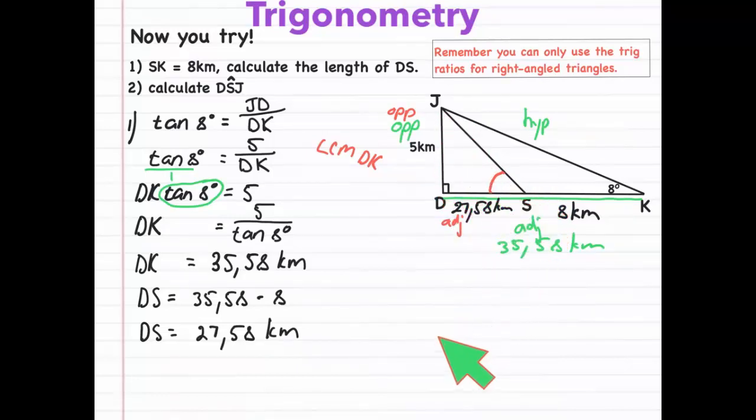Because it's part of this triangle, and I'm talking about this angle. So if I follow it, this will be my opposite, and this will be my adjacent. So let's do this. Which trigonometric ratio do you know that deals with the opposite and adjacent sides? Yes, it's the tangent, right? So now I can say the following for number 2, that the tangent of angle DSJ equals, and then we know that it will be basically my opposite over my adjacent. So it will be JD divided by DS.